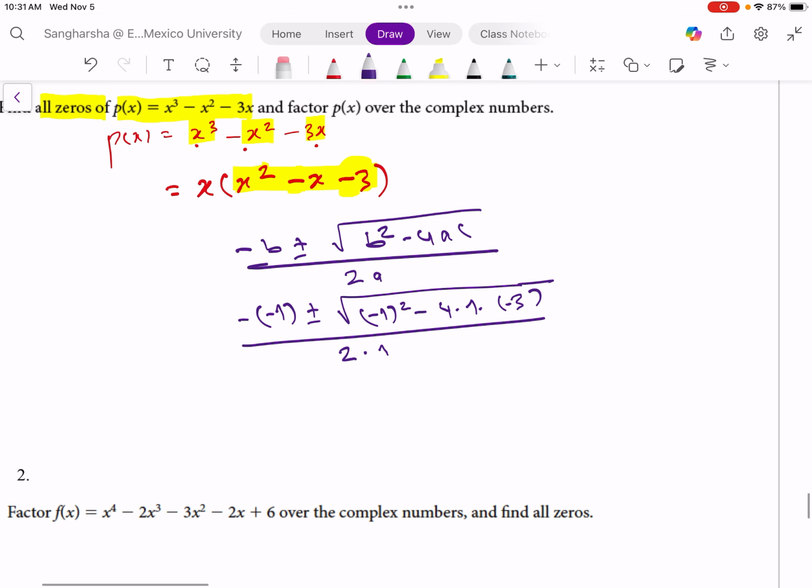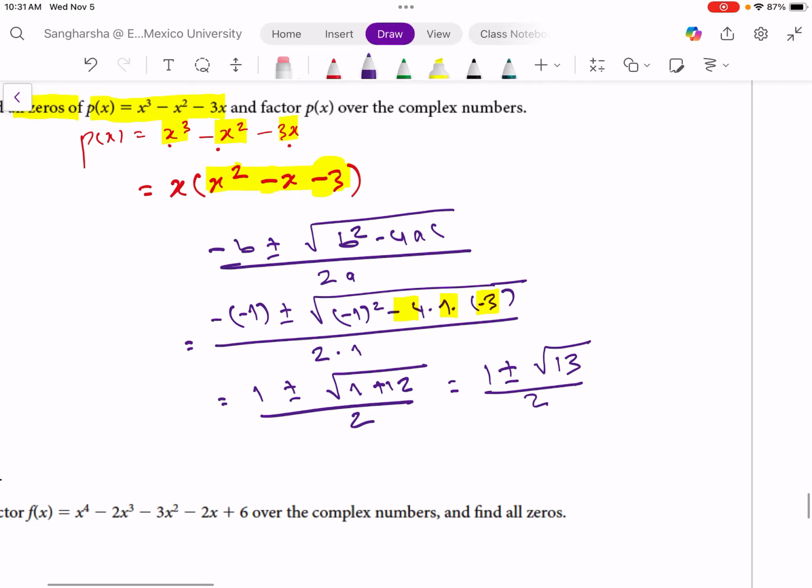So this is positive 1 plus or minus negative 1 squared is 1, minus 4 times 1 times negative 3, positive 12, divided by 2. So this is 1 plus or minus square root of 13 divided by 2.